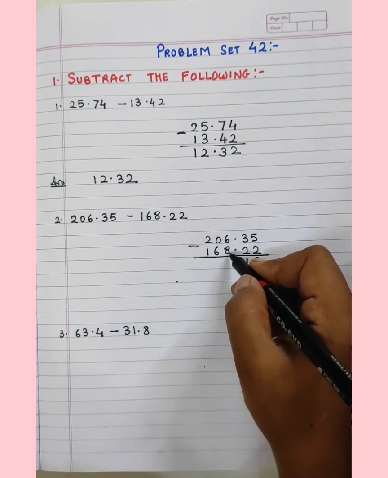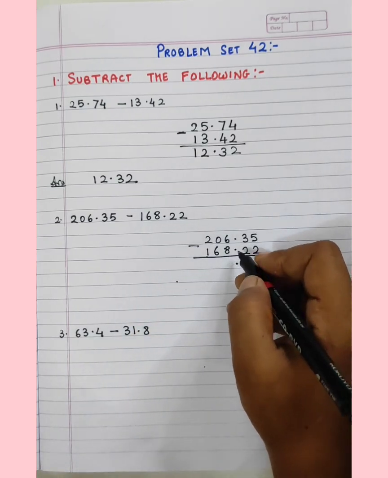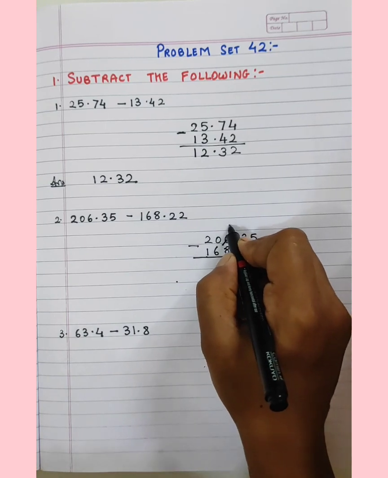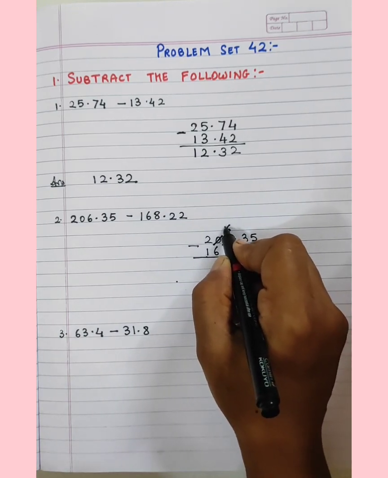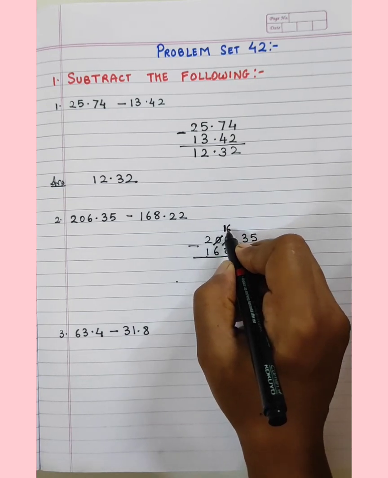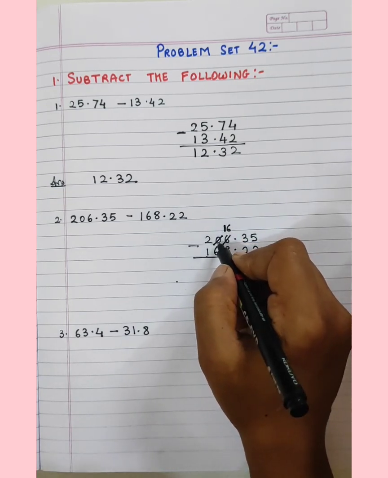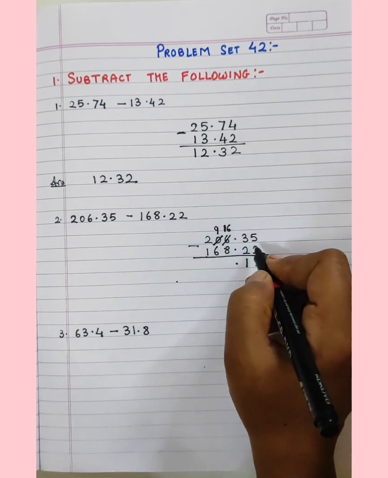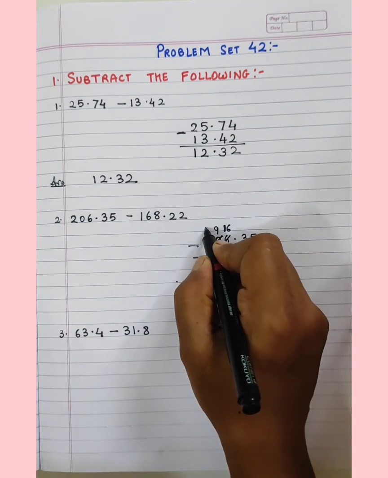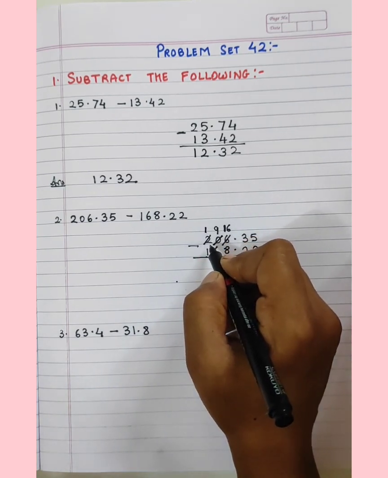Now we cannot subtract 8 from 6. So what are we going to do? We will cancel this 6. We will write 16. We will borrow 1 from the number before 6. So 0 means 10. 10 minus 1 is 9. So we will write here 9. Is that clear? And we will cut this 2 and we will write 1 over here.